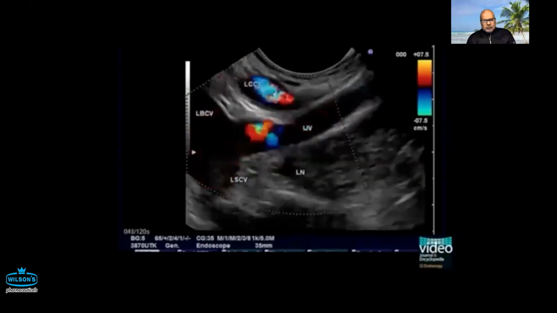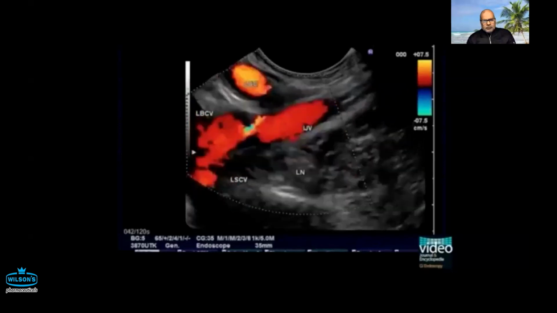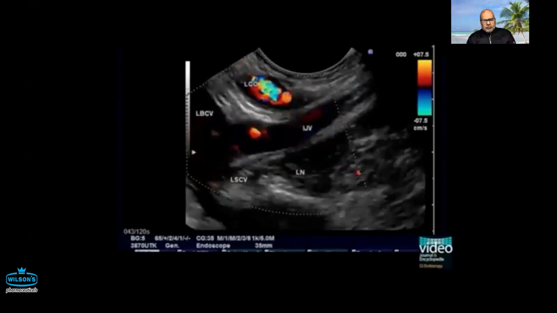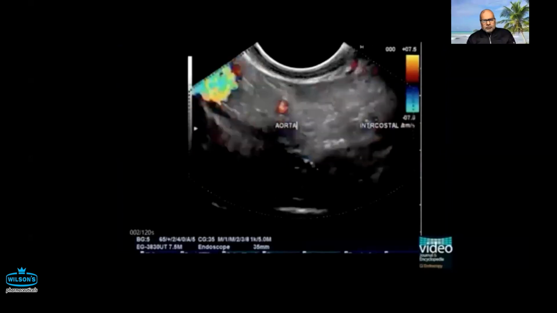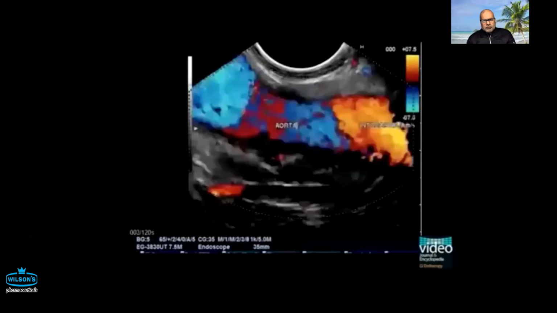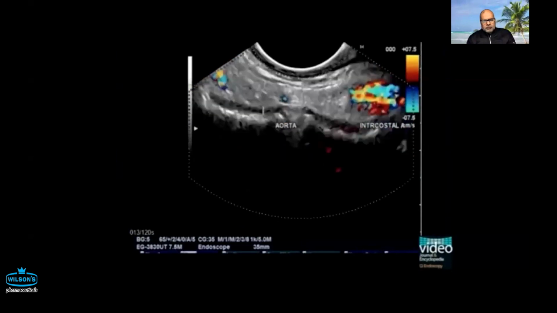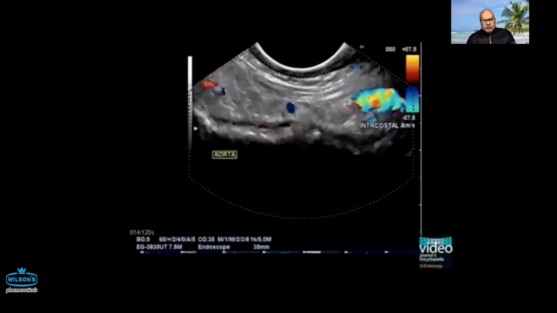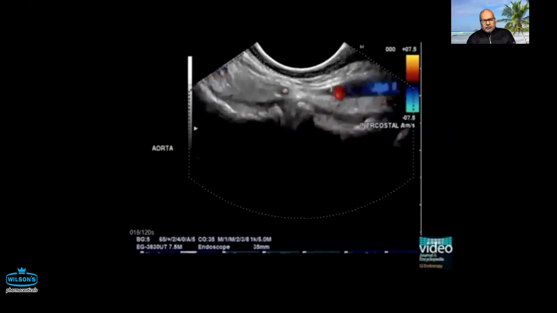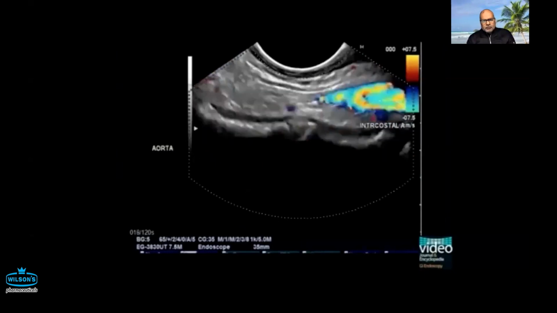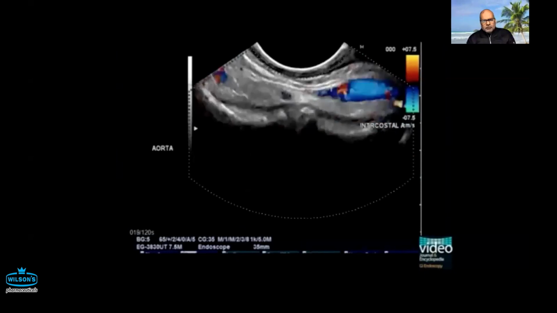Initially, the descending aorta is identified at around 30 centimeters, and a clockwise rotation is started after application of color Doppler box adjacent to the esophagus. The azygous vein appears as a thin longitudinal echo-pore structure adjacent to the middle part of the esophageal wall. The shadow of the spine and the intervertebral disc can be seen in this video, along with the azygous vein.